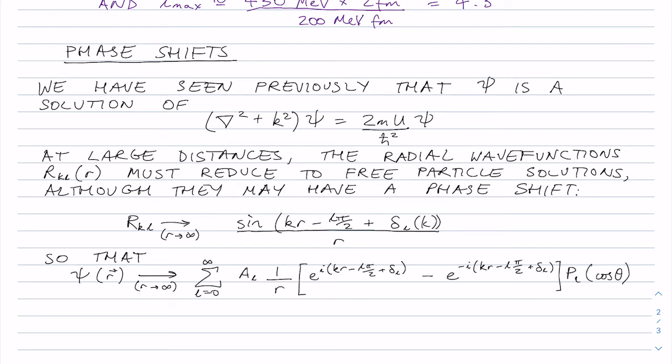So that's the wave function at very large distances, just expanding out that R_kl in terms of the exponentials. And what we see is that we've broken this into the incoming part and the outgoing part, as we did before. And the scattering potential U of r only produces outgoing waves. The incoming waves have to be the same as they are for the beam. So we can compare the two at large distances.